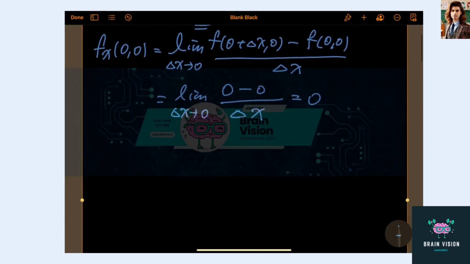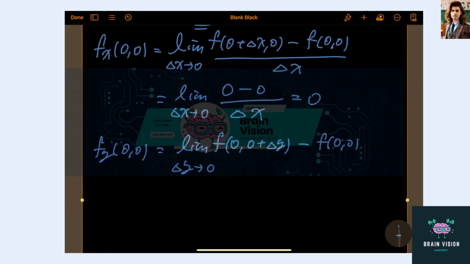So the partial derivative of f with respect to x is 0. And we can do similar things with the partial derivative with respect to y. This is the limit of f at (0, 0 plus delta y) minus f of (0, 0), over delta y.